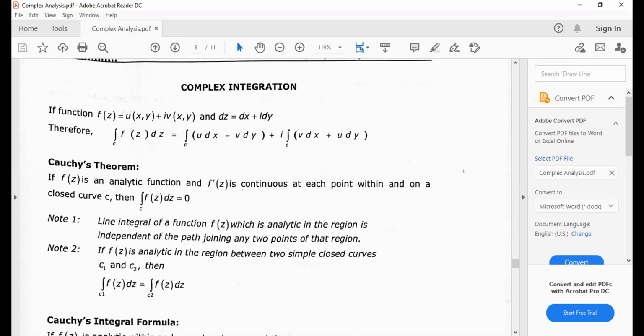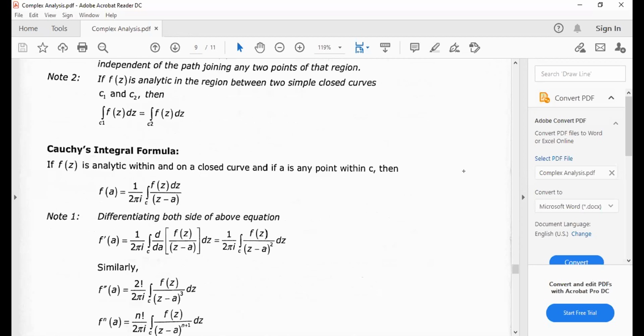The second theorem is Cauchy's integral formula. In case the function is not analytic at some particular points, only 1 or 2 or 3 points, you can go through this integral formula. Here just observe that z equals a is the non-analytic point. To find the integral of f of z by z minus a, you can use 2 pi i into f of a.